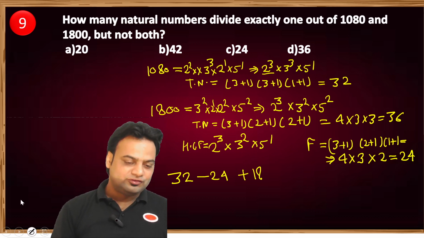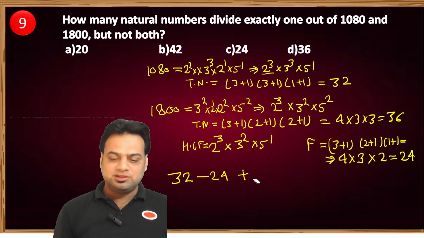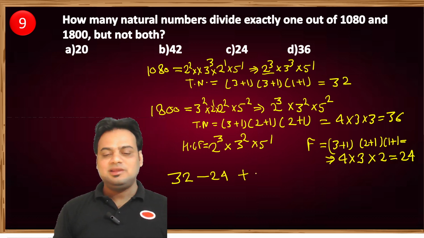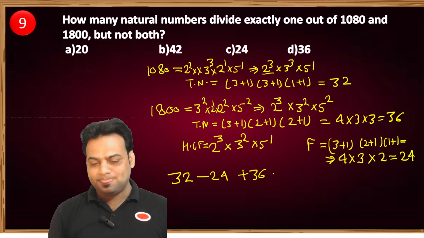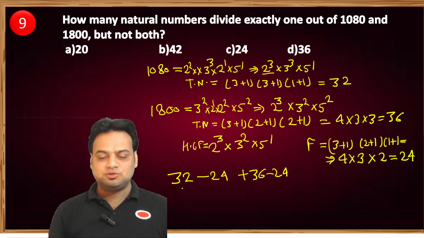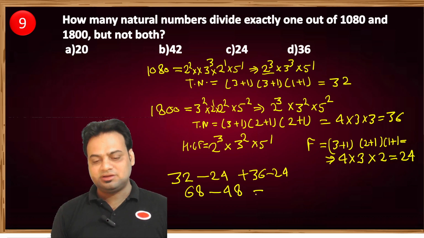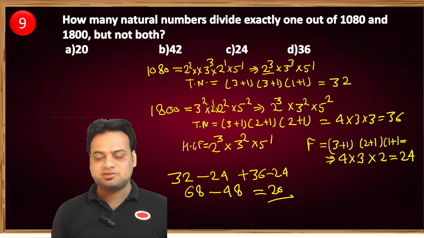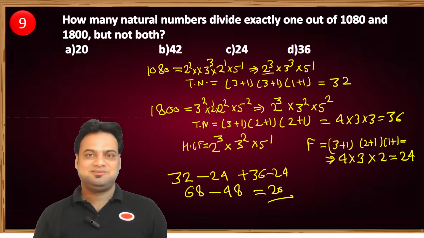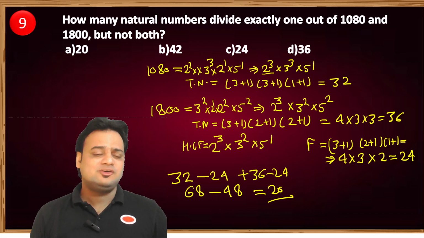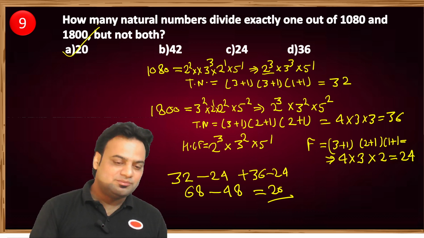If you subtract 36 minus 24, you get those factors which divide only 1800. So 36 minus 24 is 12, and 32 minus 24 is 8, so that is 20 factors which divide 1080 or 1800 but not both. So option A is the correct answer.